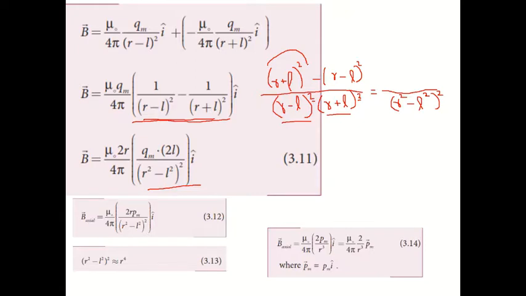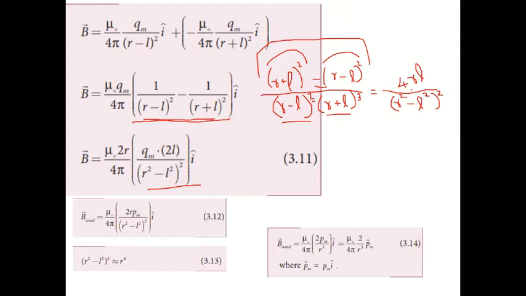square. (R plus l) the whole square means r square plus l square plus 2rl. Similarly, (r minus l) the whole square means r square plus l square minus 2rl. So this minus will go in and the expression will become minus r square minus l square plus 2rl. So finally together we can write 2rl plus 2rl, which means 4rl.